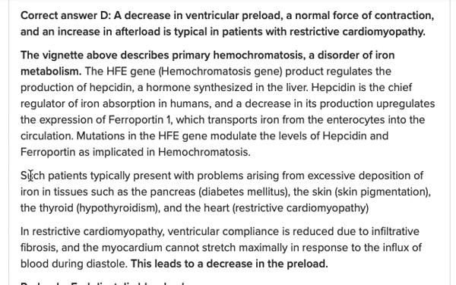In restrictive cardiomyopathy, ventricular compliance is reduced due to infiltrative fibrosis, and the myocardium cannot stretch maximally in response to the influx of blood during diastole.